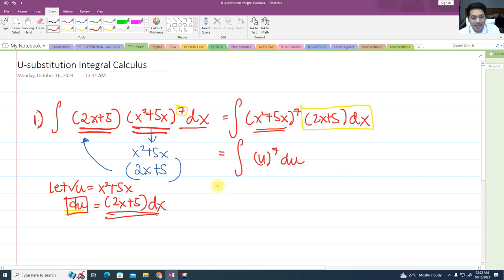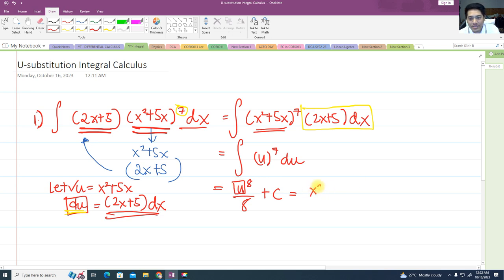If we integrate this, it becomes a power rule: u^8 over 8 plus c. Once we are done integrating, we must go back to the original variable, which is x. So what is u equal to?